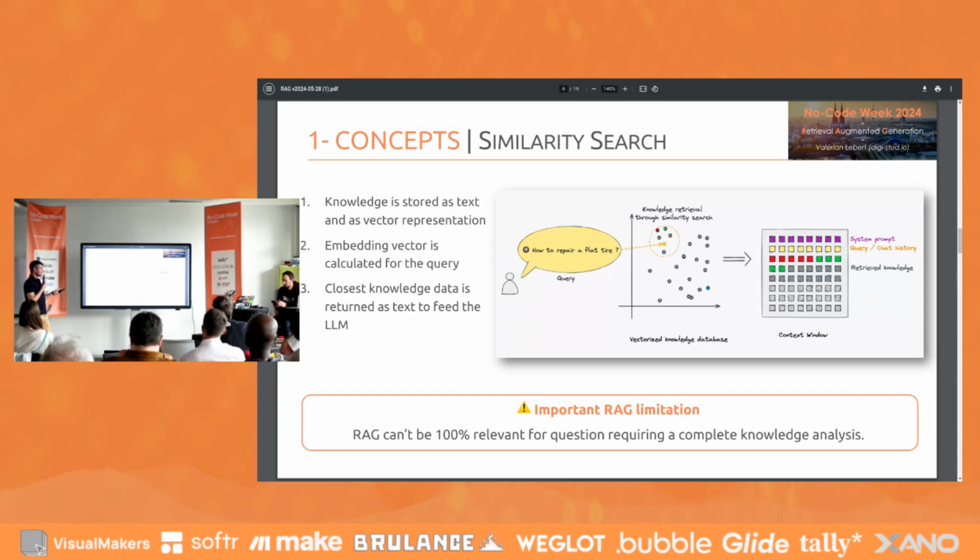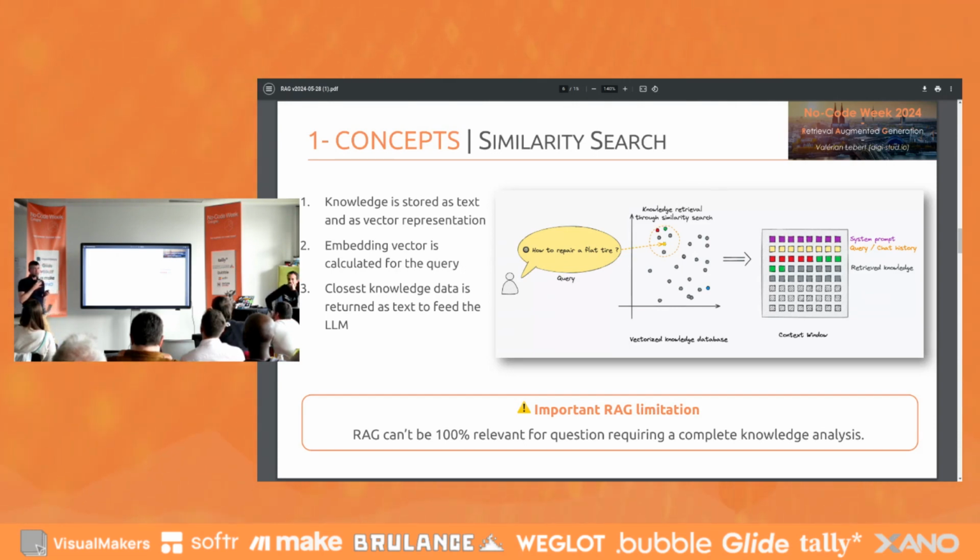And here comes the main problem of RAG. They are not 100% relevant. For example, if you have a knowledge database about cars and you ask, okay, I'd like to find a cabriolet German car driven by James Bond, you have a lot of semantics in this question, and embedding should work efficiently.